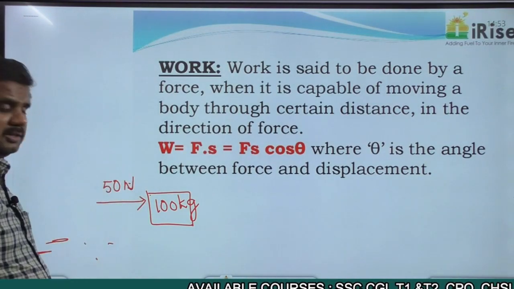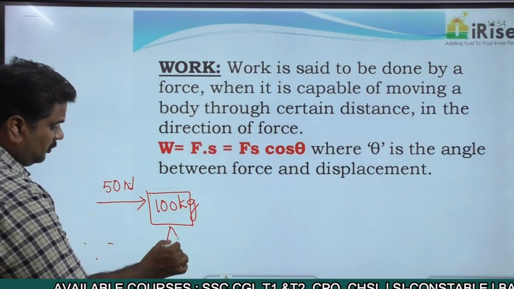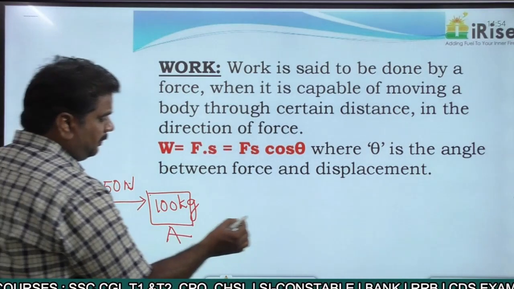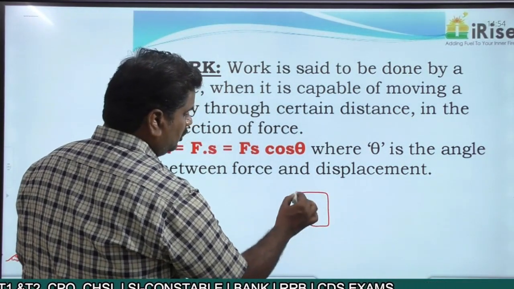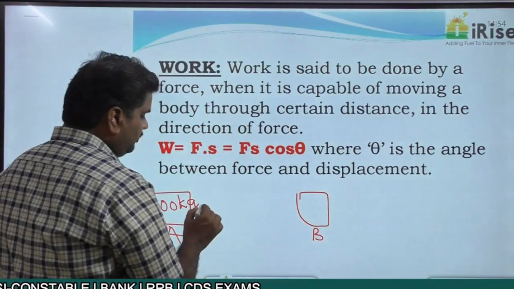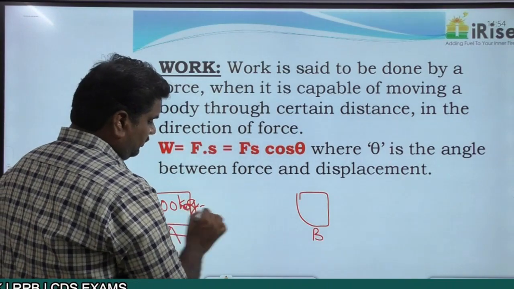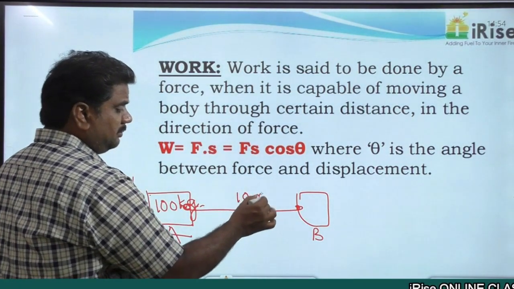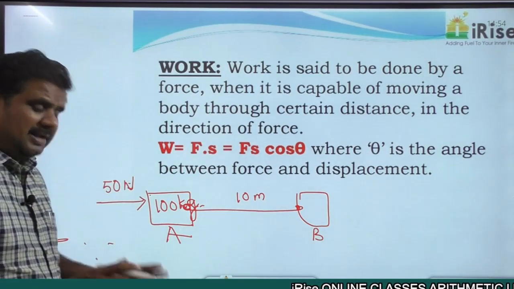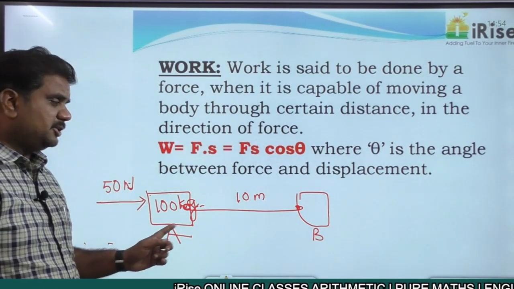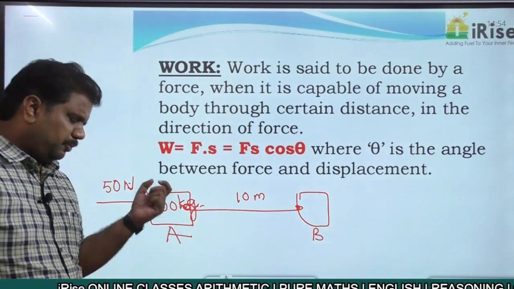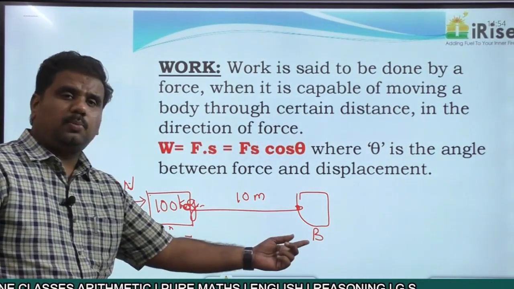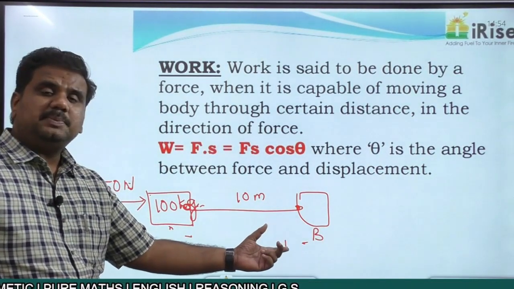The moment you apply the force, the position of the object will change from point A to point B, which means the object is covering a certain distance from point A to point B, maybe 1 meter or maybe 10 meters. You are applying force, and at the same time the position of the object is changing from point A to point B, producing a certain amount of displacement.